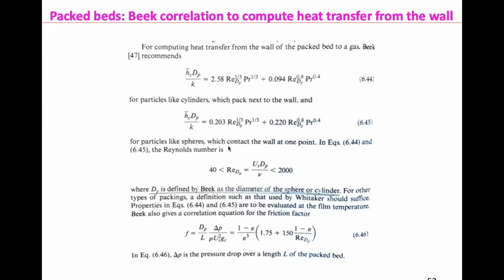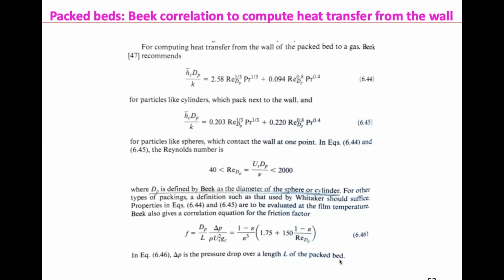For particles like spheres which contact the wall at one point, the Reynolds number is given by this equation, where dp is defined by Beek as the diameter of the sphere or cylinder. For other types of packings, a definition such as that by Whitaker should suffice. The properties in these equations are evaluated at the film temperature, that is the average of the surface plus the free stream. He also provided a friction factor correlation, where delta P is the pressure drop over the length of the packed bed.